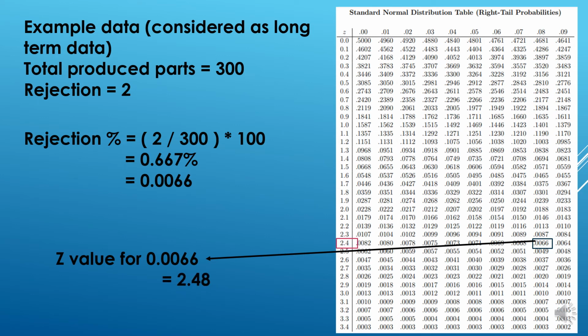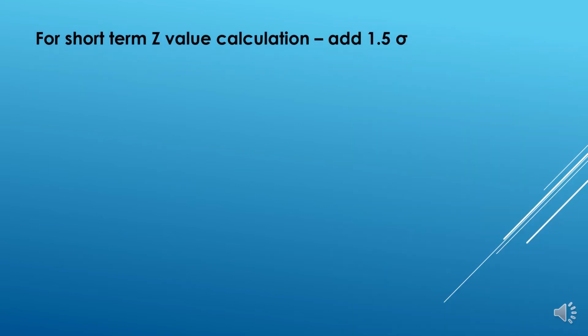Now we will see the long-term discrete data capability. The concept behind this is that to the short-term Z value we need to add 1.5 sigma. The Z value we calculated is 2.48, that is for the long-term data that we considered.